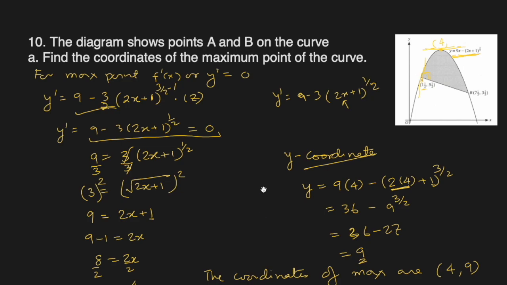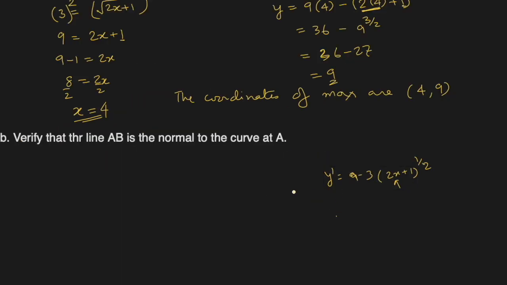So this is the one, and we'll substitute the coordinates of A, which was 3 over 2. So the gradient of the tangent at A equals 9 minus 3 (2 times 3 over 2 plus 1) to the power half. This 2 and this 2 cancel. 3 plus 1 is 4 and the square root of 4 is 2.